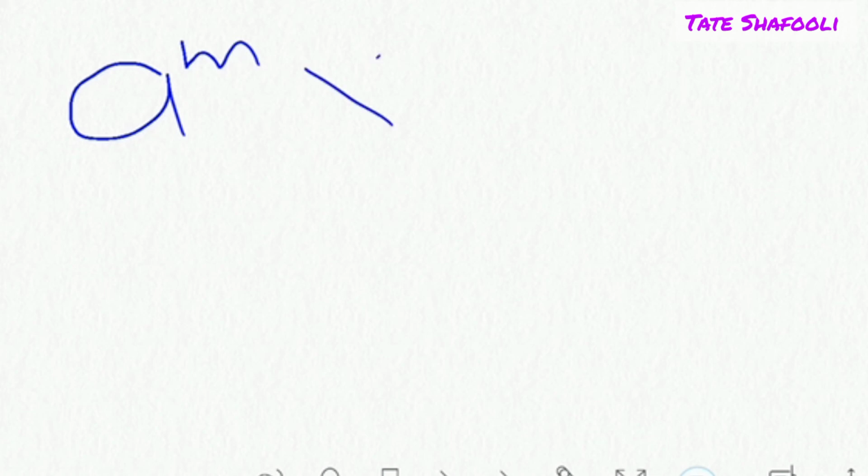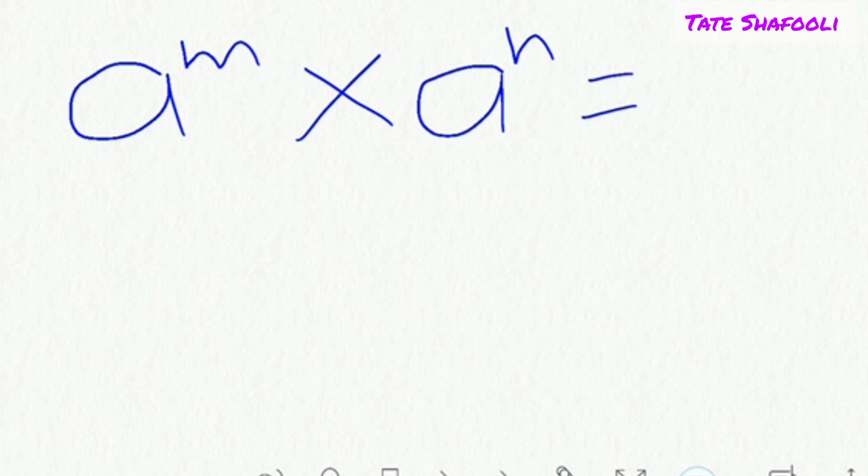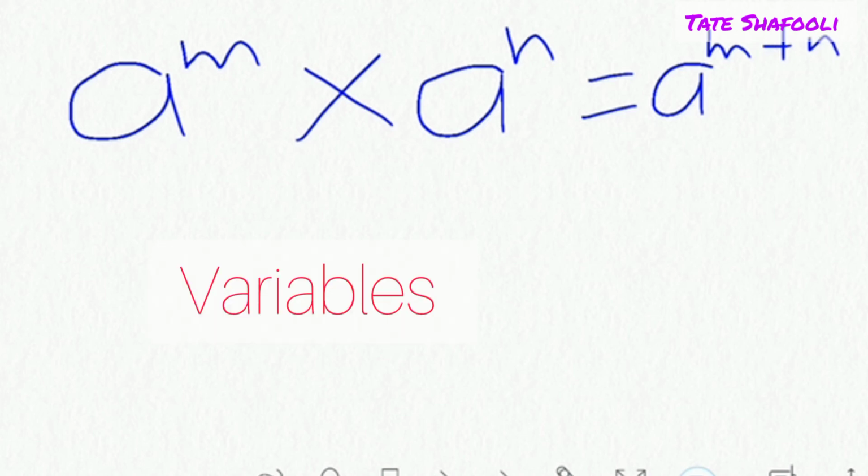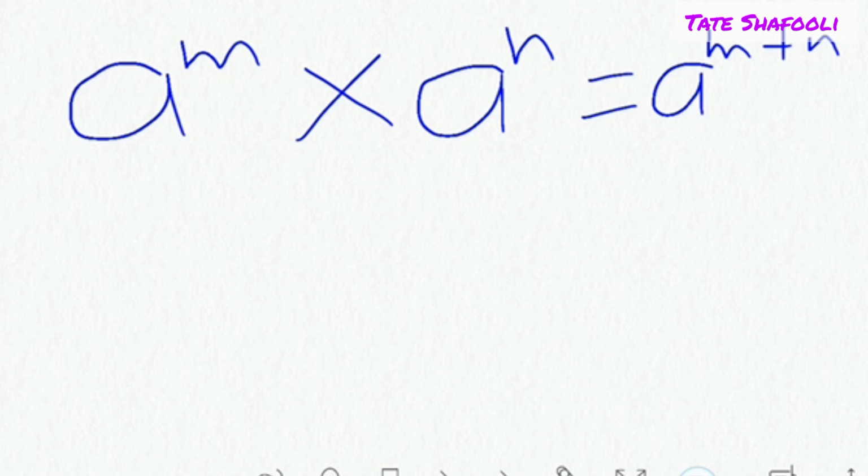This rule, a to power m multiplied by a to power n, which is equal to a to power m plus n. These are the letters that the person who discovered this rule thought of during that time he was communicating to the world.